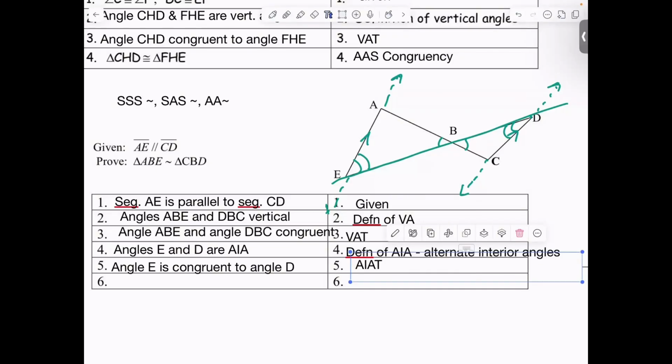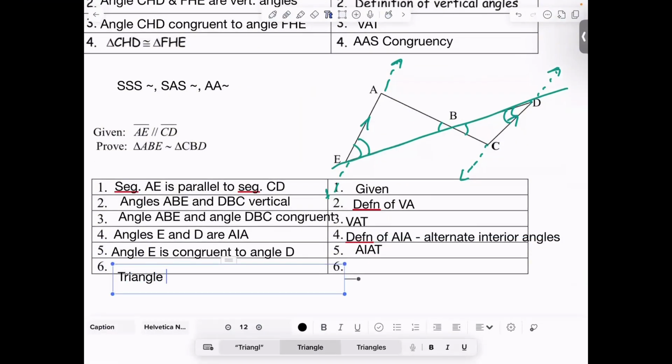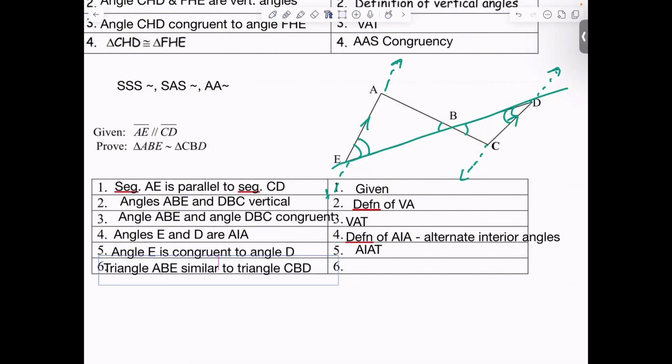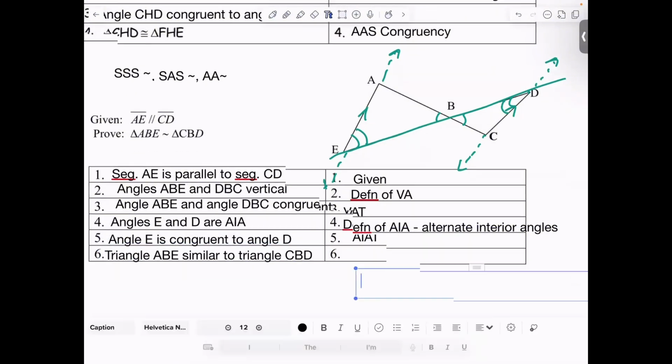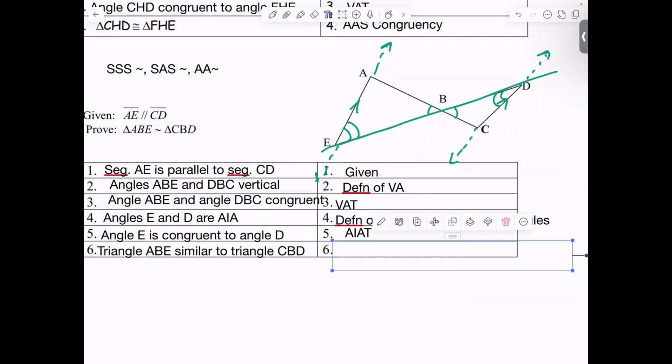And now we have enough to say triangle ABE is similar to triangle CBD. We're going to use AA similarity.